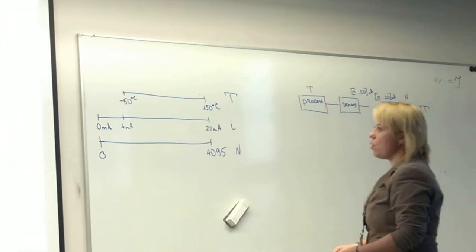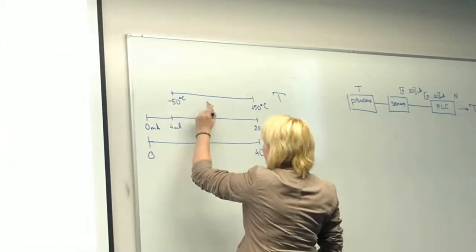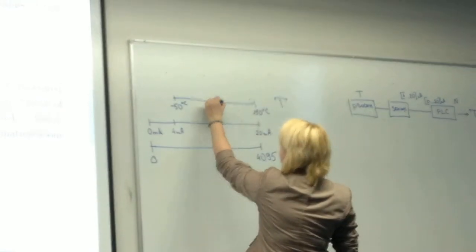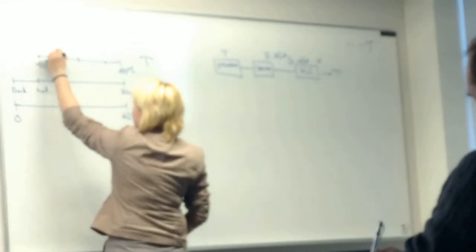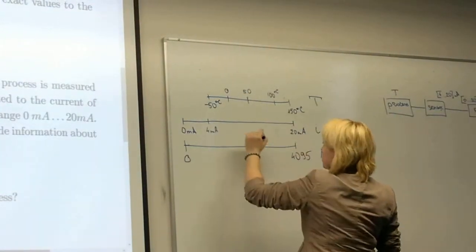So we know that our process is okay. It's just half. So this is 0, 50, 100 degrees.